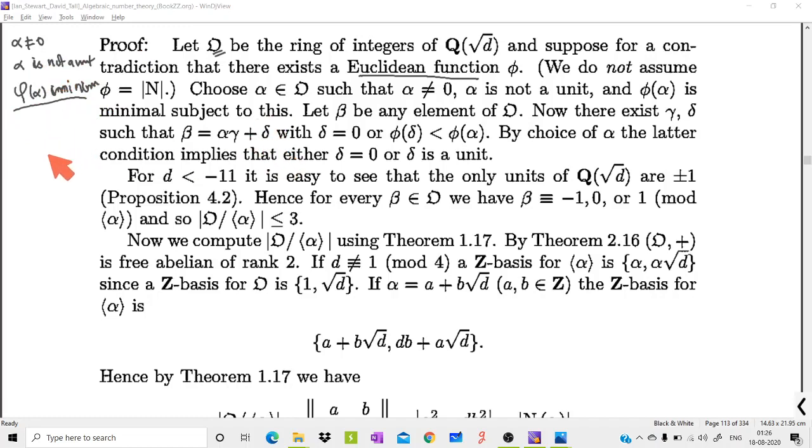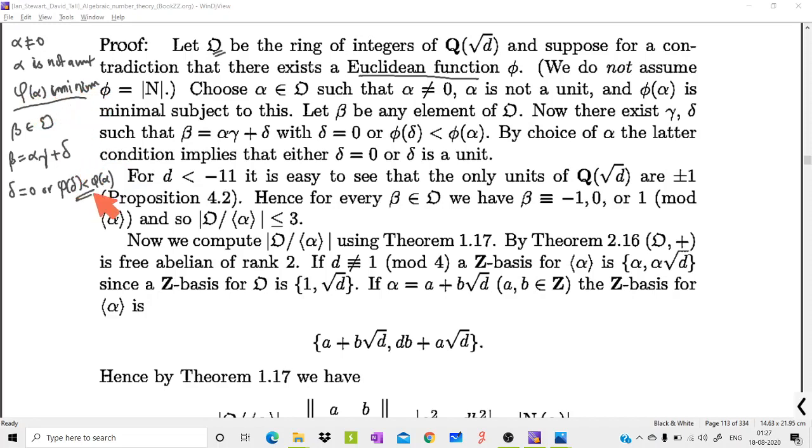Now, if you choose any other element beta belonging to O, using this evaluation you can get beta equal to alpha times gamma plus delta, with the property that delta equal to 0 or phi of delta is less than phi of alpha. But we know that the choice of alpha says that phi of alpha is minimum.